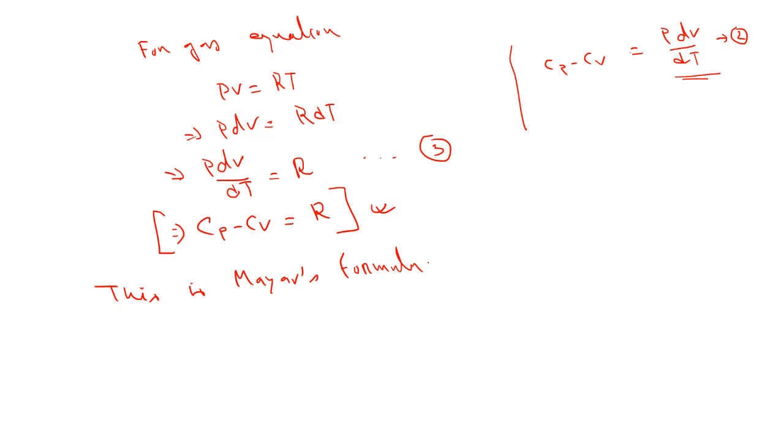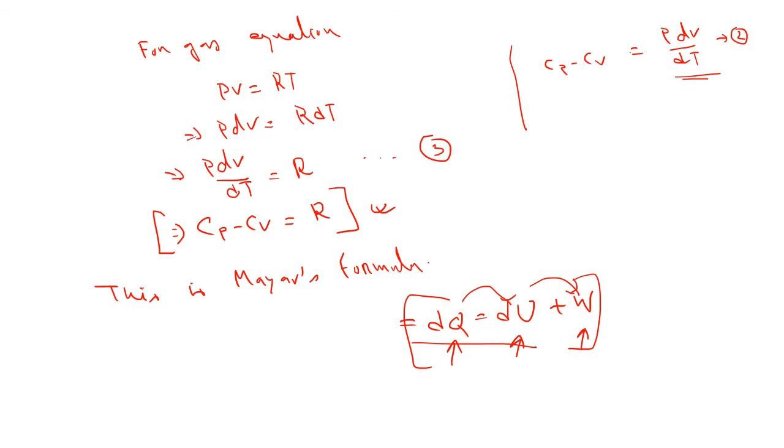It means after using any heat, this is the heat, this is our internal energy, and this is W. So when you apply any heat to any system, its internal energy may change and its work done may also change. So our heat energy is directly proportional to the internal energy and work done. Based on this we can derive Mayer's formula also.